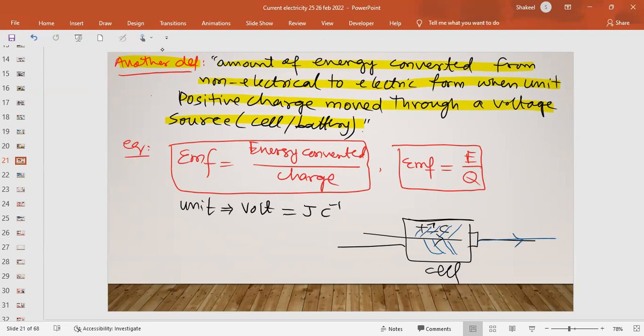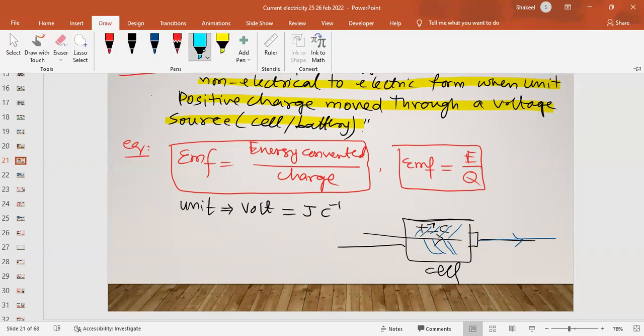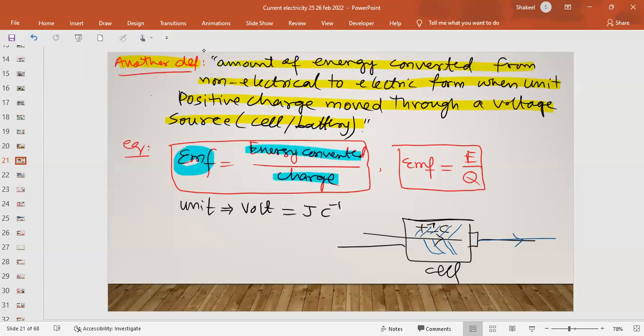And when this 1 coulomb charge comes out, it will have some energy with it, right? So we say that the EMF is actually the amount of chemical energy that the cell has provided to a unit positive charge when it is passing through the cell. About its equation, EMF is energy over charge, and its unit is again volt.